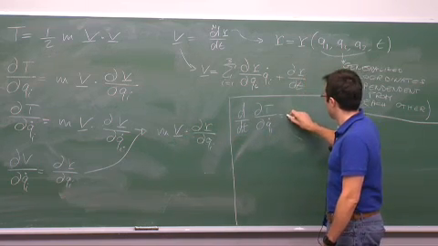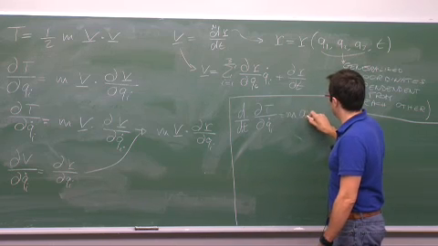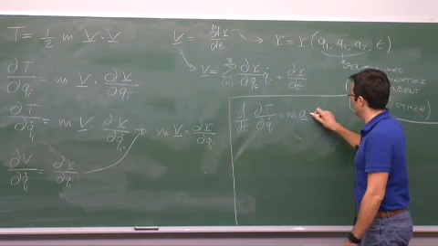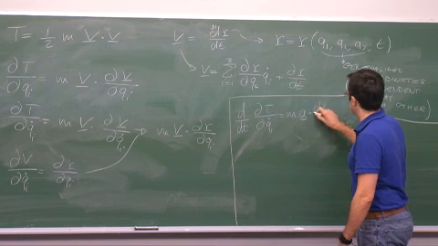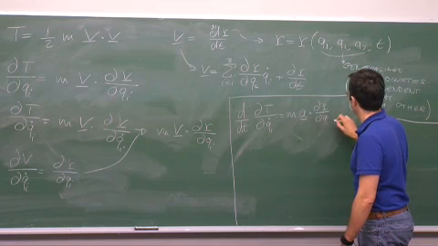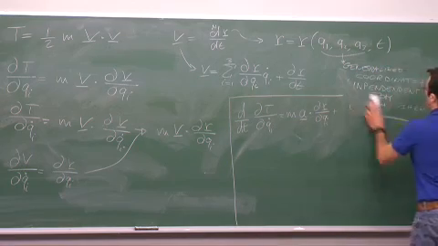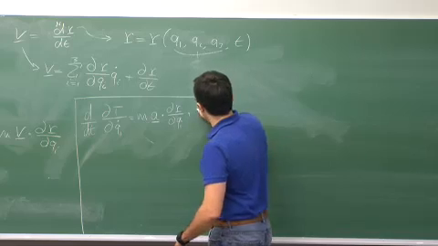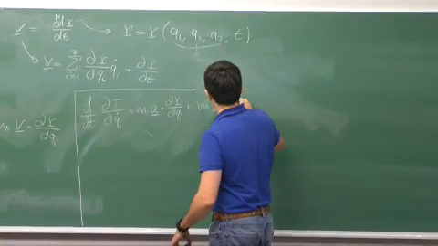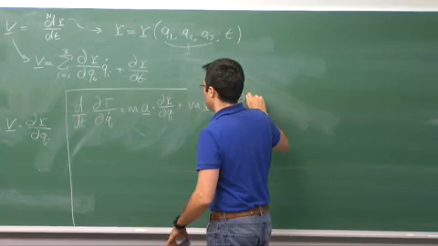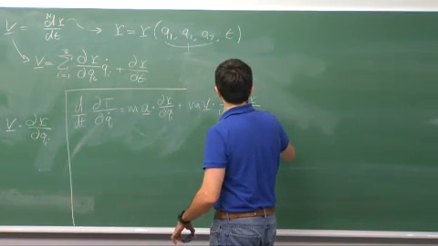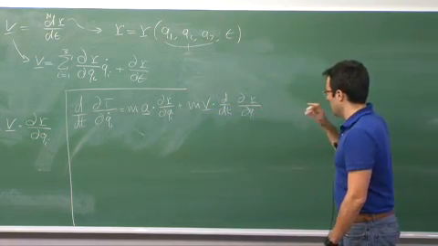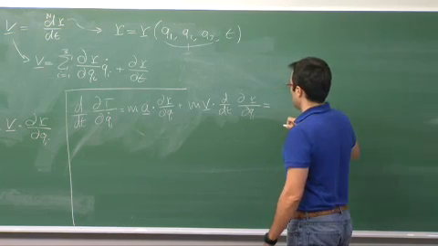So I have m a, and again I'm dropping the N, but this is acceleration in the inertial reference frame, dotted with dr dqi, plus m v dotted with d/dt of the partial of r with respect to qi. Agree? Now this can also be expressed as what is m a?